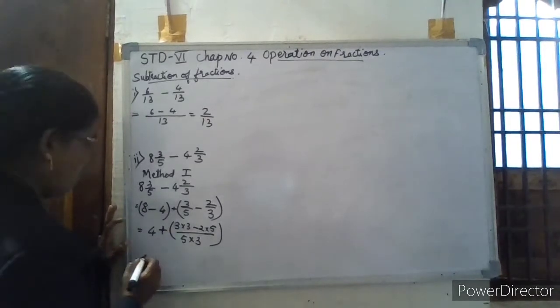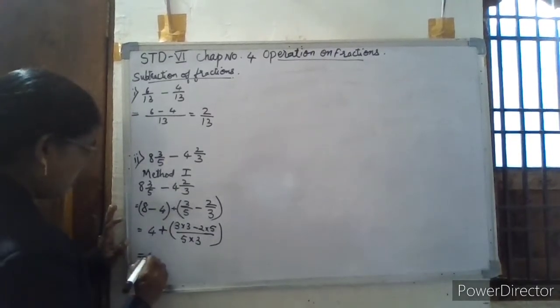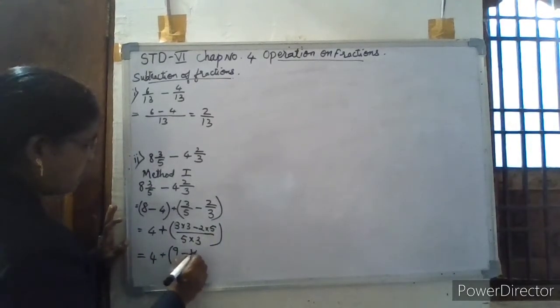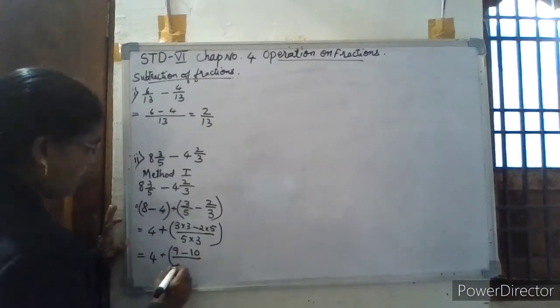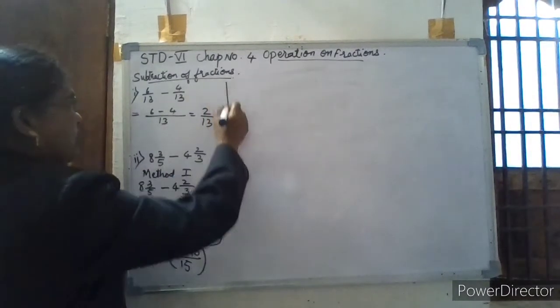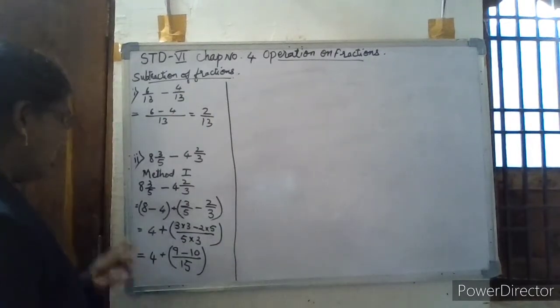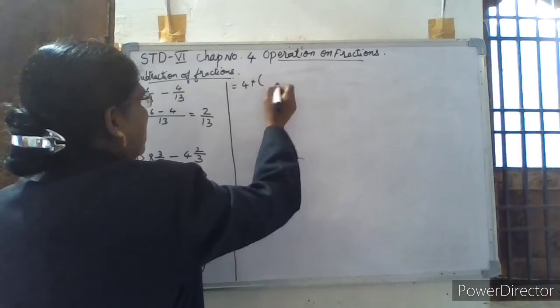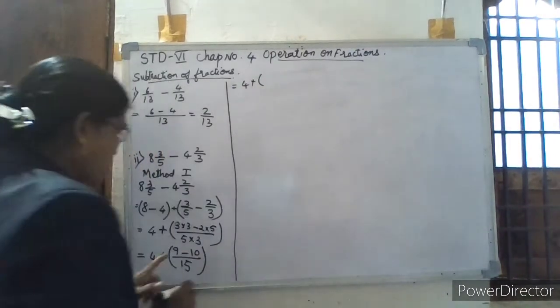So we have 4 plus, in the bracket, 9 minus 10 upon 5 into 3, that is 15. Now, 4 plus in the bracket, 9 minus 10.